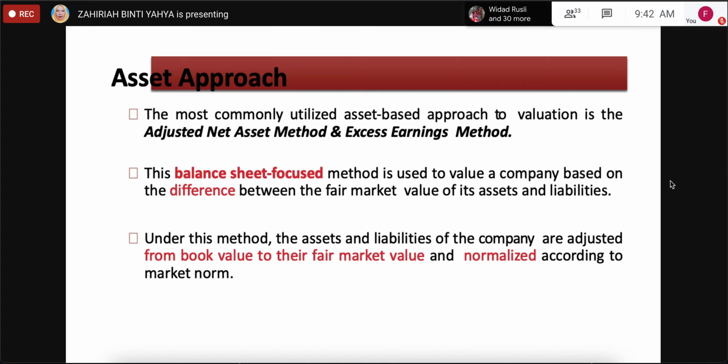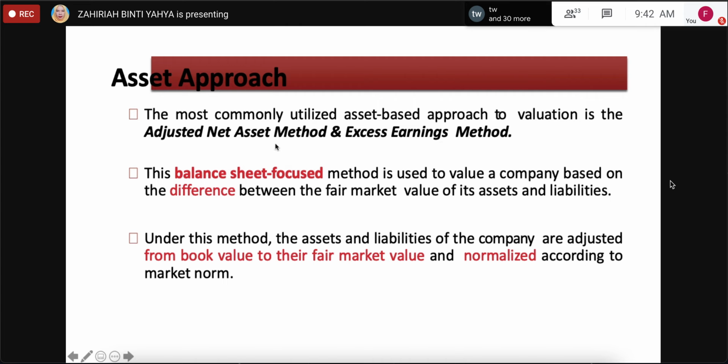Okay, so the most commonly utilized asset-based approaches to business valuation are the adjusted net asset method and excess earning method. So under the approach, ada dua je. The most popular methods are the adjusted net asset method and excess earning method. Excess earning method ni dikenali sebagai EEM, ya.